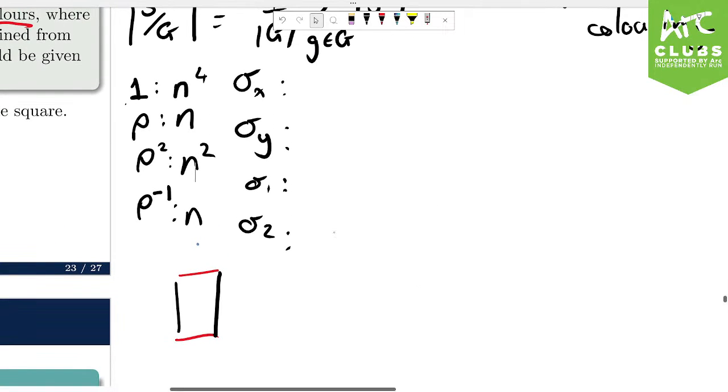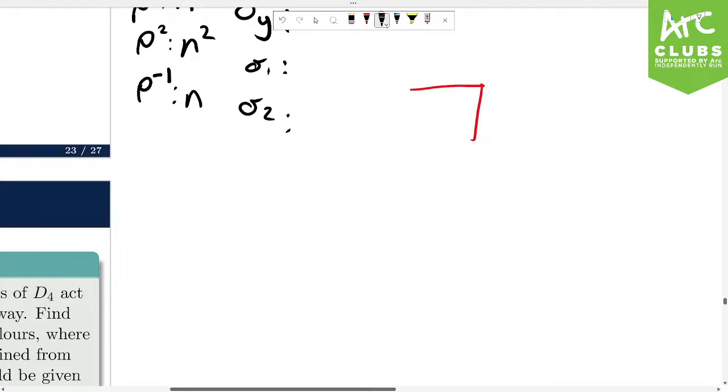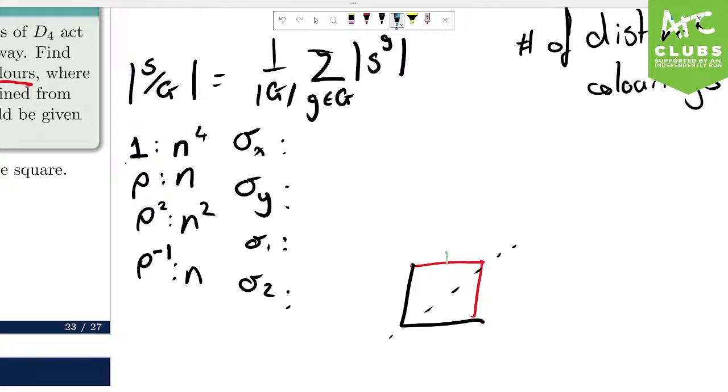Now reflections along the vertices are pretty similar. If you reflect along this diagonal, these two edges get swapped and these two edges get swapped. So they have to be the same color, but there's no restriction on the colors between the other pairs. Again, you have two places to color and n colors, so this will be n to the power of 2.